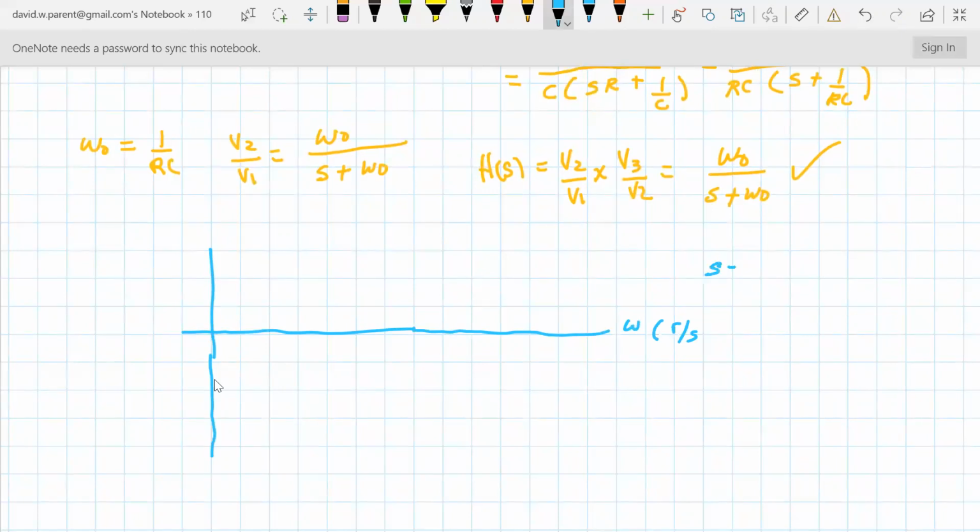If I let S equal 0, H(S) will be approximately omega naught over omega naught equals 1, which is 0 dB. And if I let S go to infinity, now it's not really S, it's really j omega. If I let that go to infinity, H(S) goes to 0. So that's how I remember that it's a low pass filter.